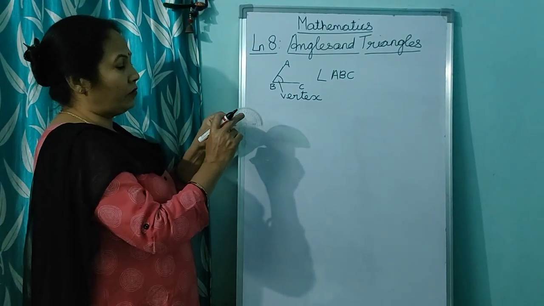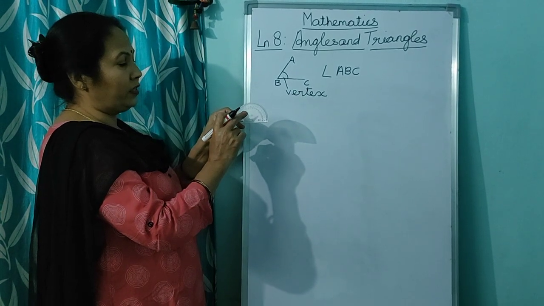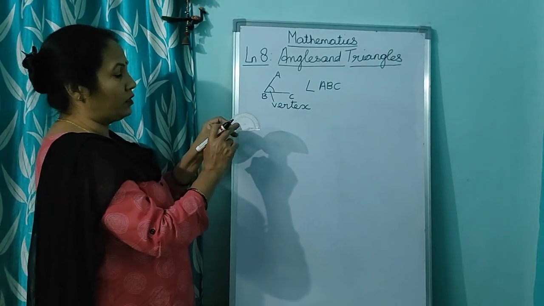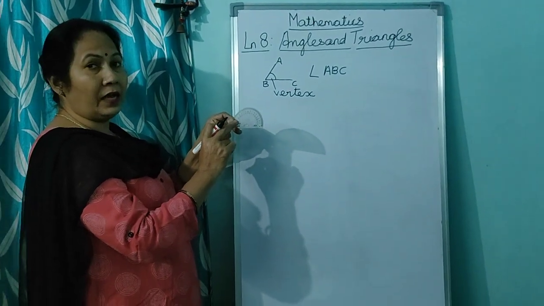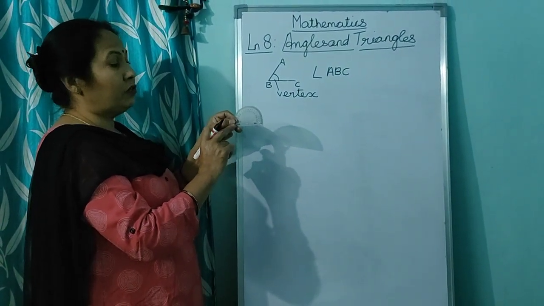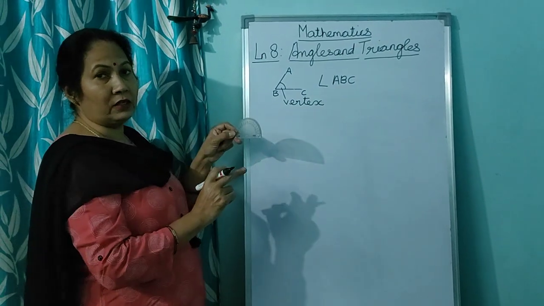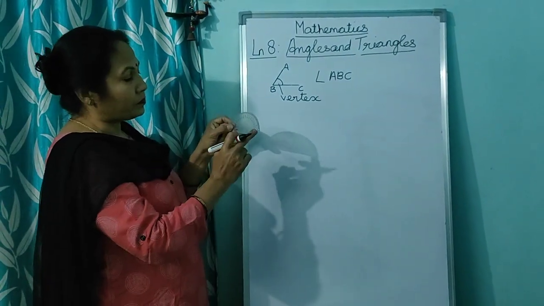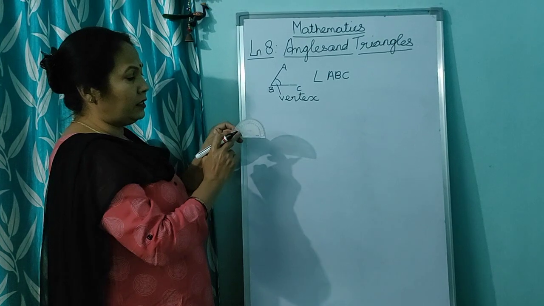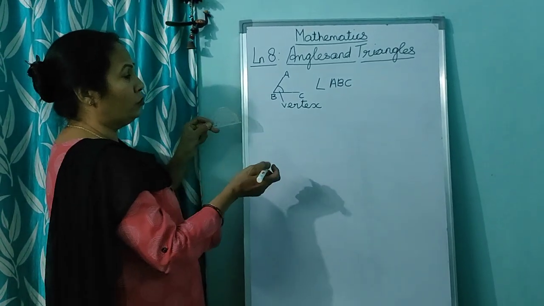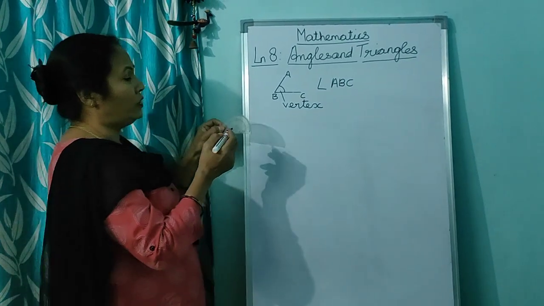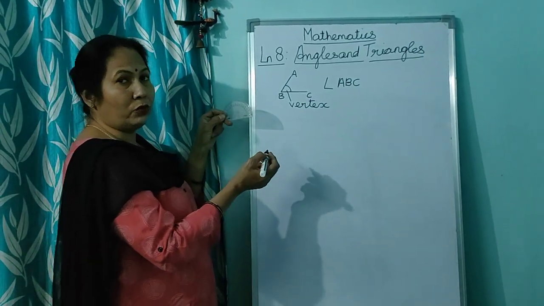Then you have 100, 110, 120, 130, 140, 150, 160, 170 and 180. Children, this forms a semicircle. Here in this, when you read it, you will also know which type of angle you are doing.